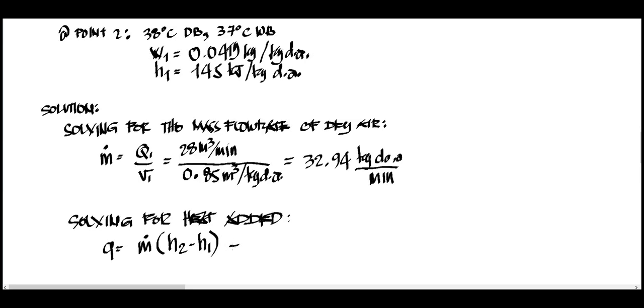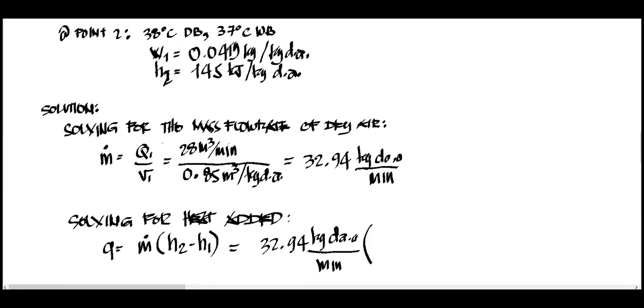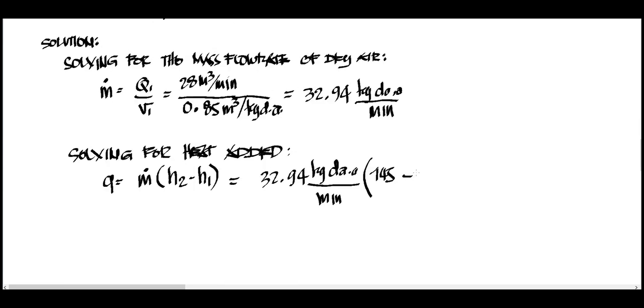So we have 32.94 kilogram of dry air per minute, then multiply by the change in enthalpy: enthalpy 2 is 145 minus enthalpy 1, 43, in kilojoule per kilogram of dry air.